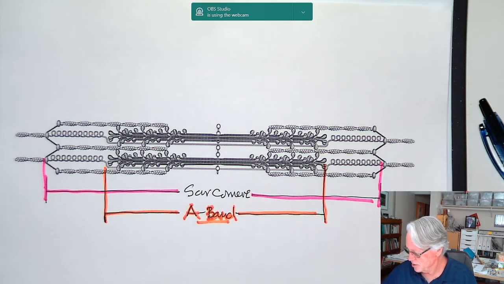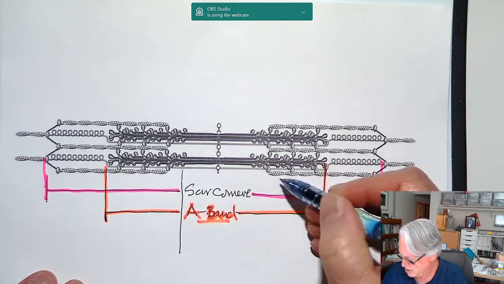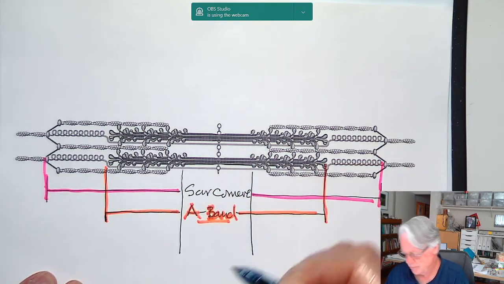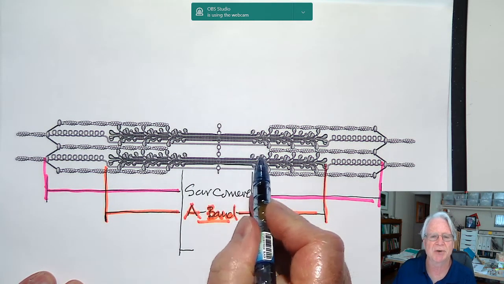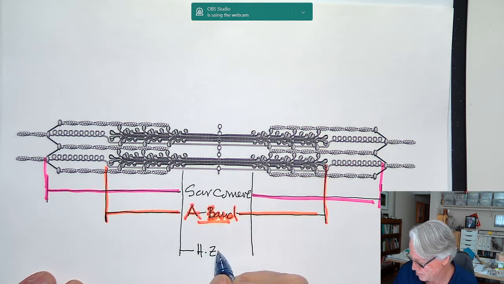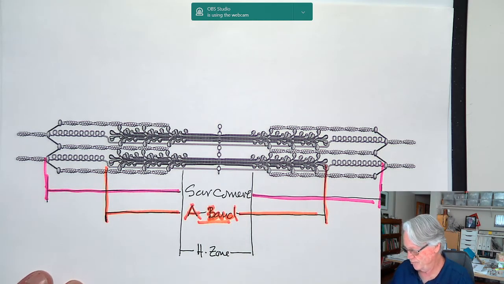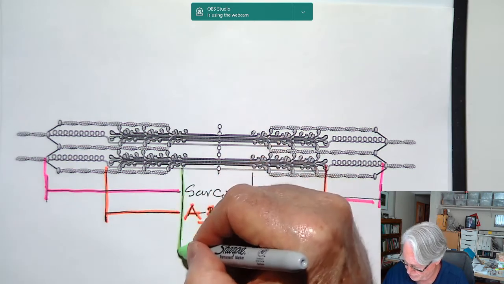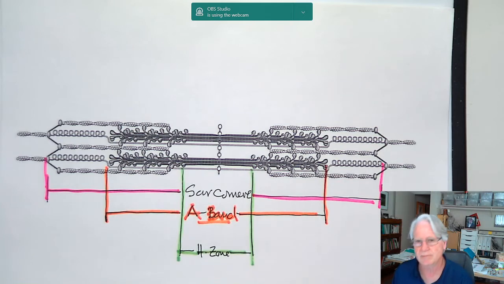And then right in the center, here and here, I have thick filaments, but no thin filaments. And that's going to be my H zone. And let's get that color there. So that is my H zone.